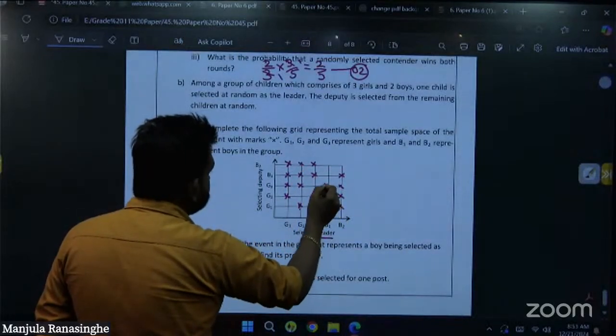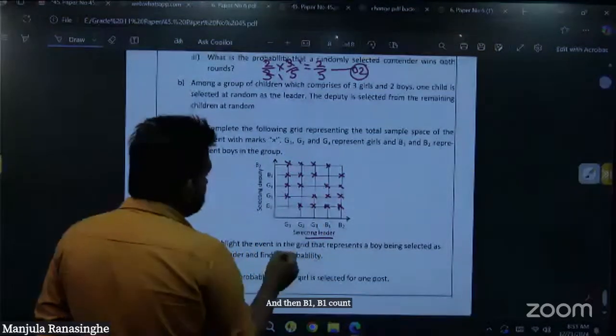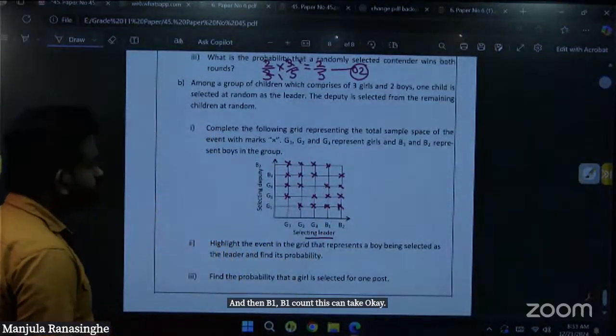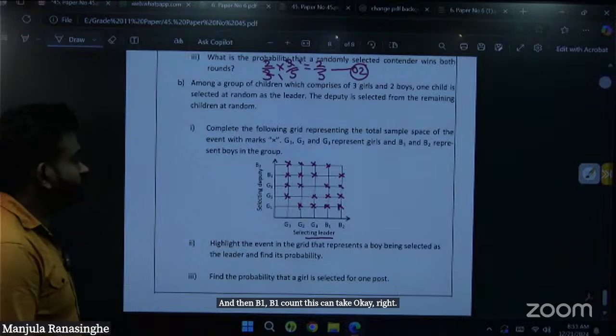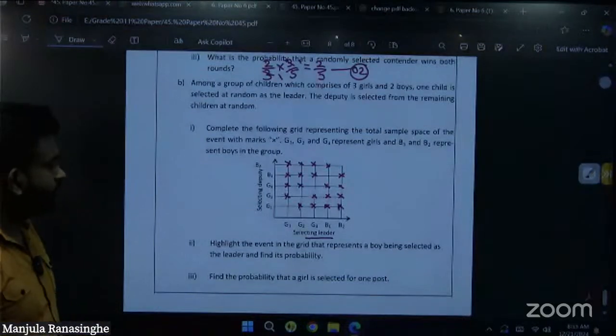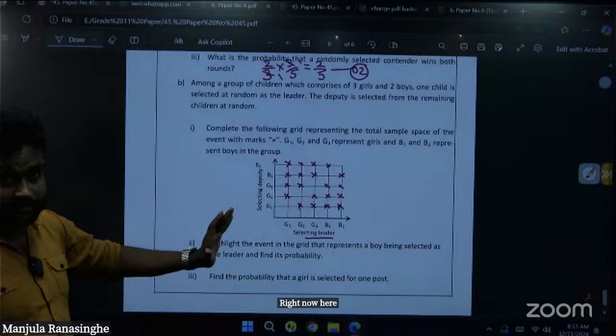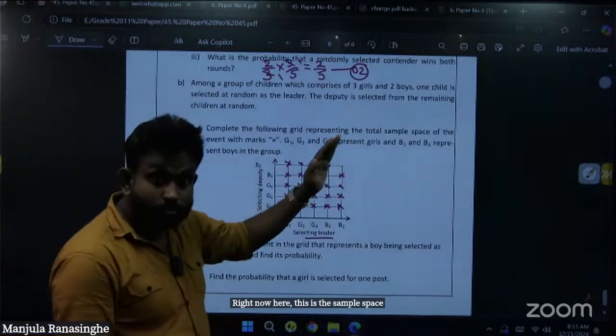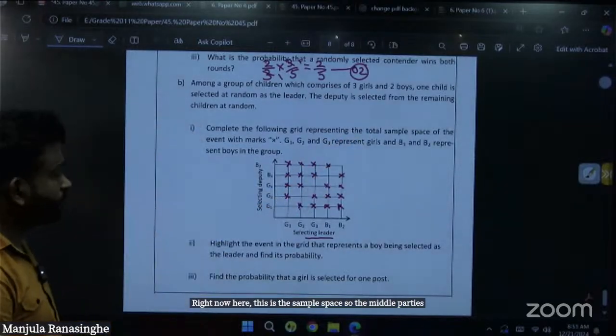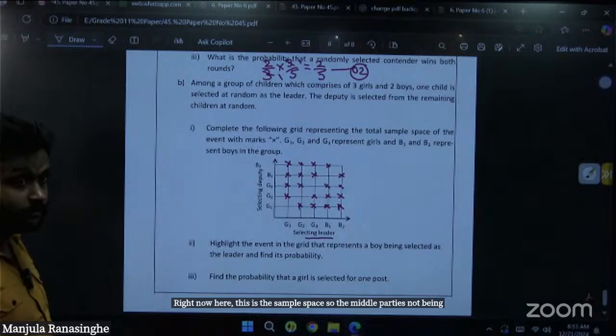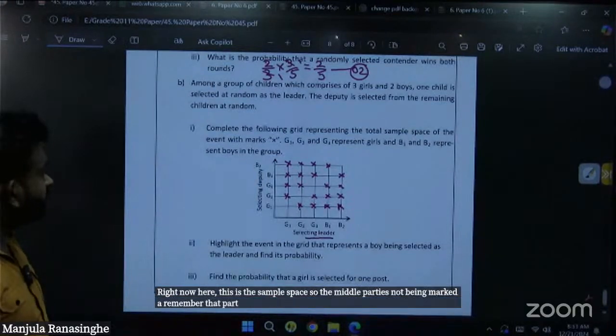Then B1 cannot, this can take. Right, now this is the sample space. So the middle part is not being marked.